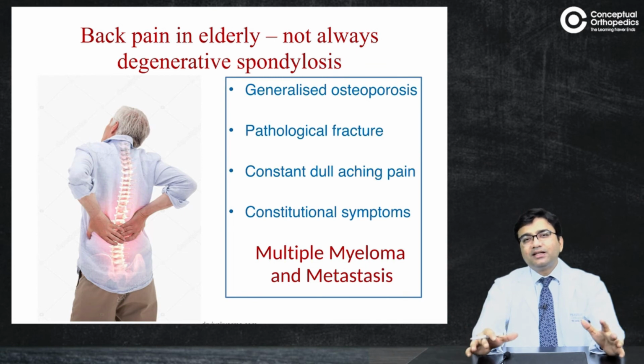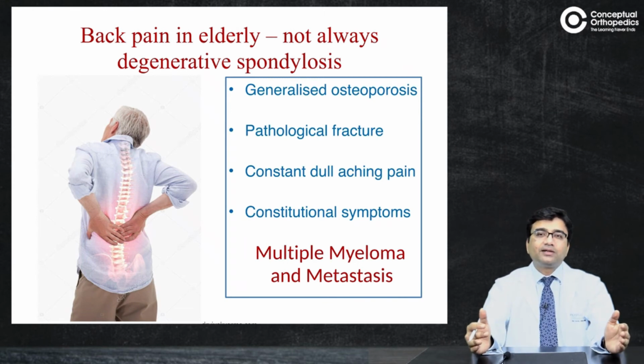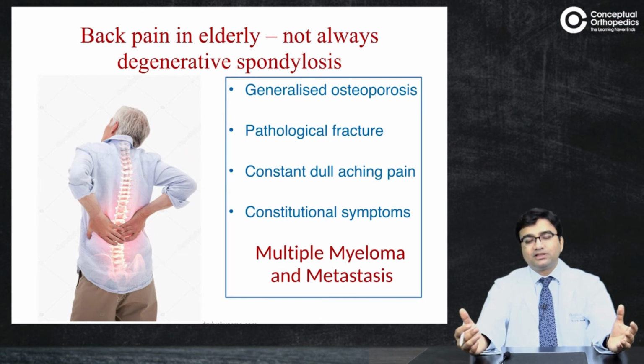So it needs a detailed evaluation. It may not be just a simple physiological degenerative spondylosis. Many times we have found that there may be underlying multiple myeloma or metastasis which may cause these problems.